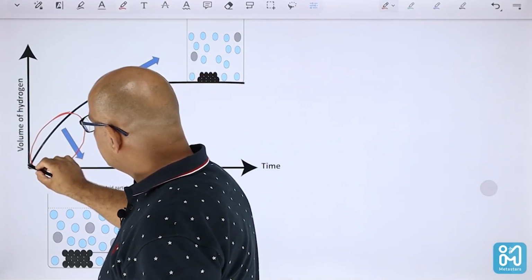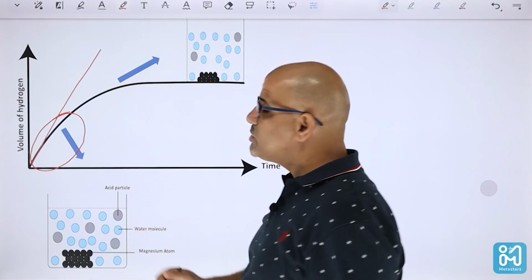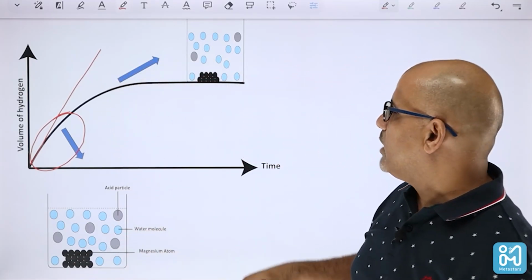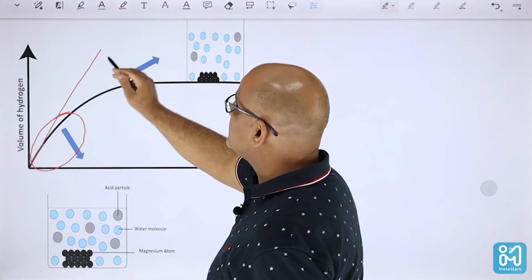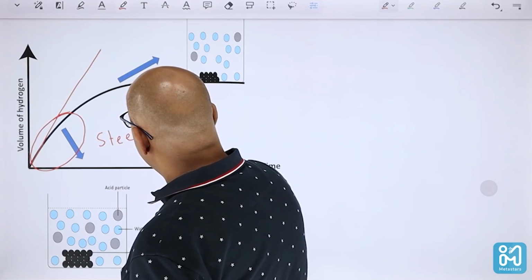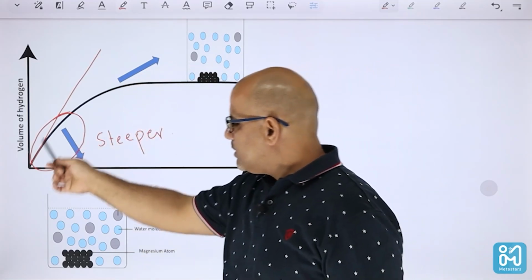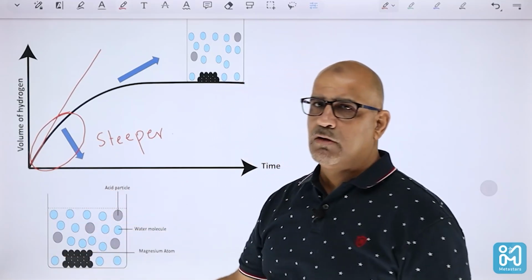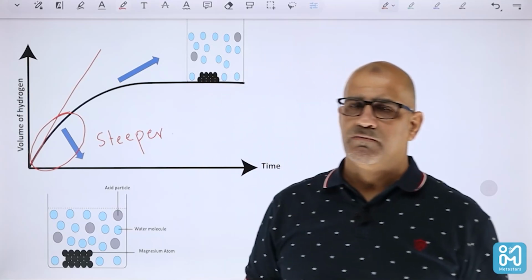Because if you try to calculate the tangent line, the slope of the tangent line, which represents the rate, you will find it's greater, and the curve at the beginning is steeper. Why? Because at the beginning we have a large amount of particles and a high concentration of particles.